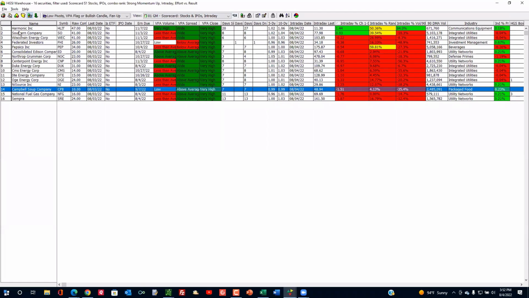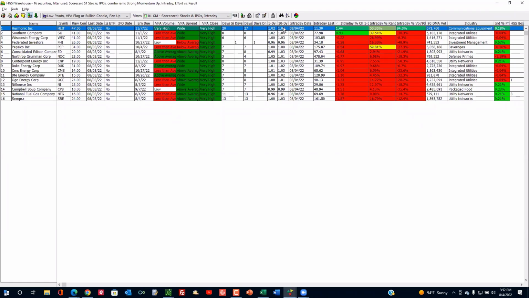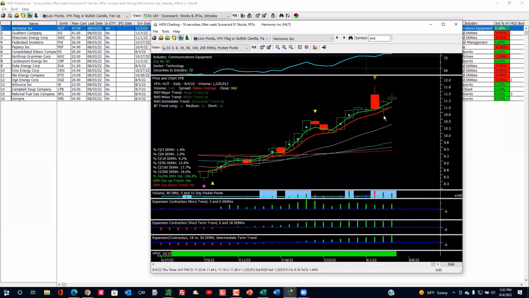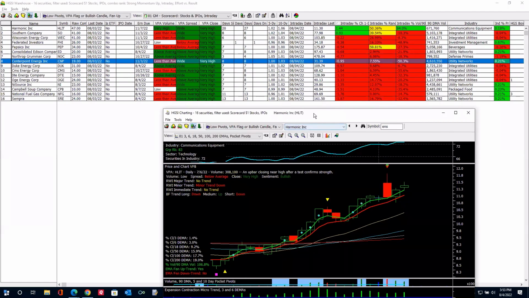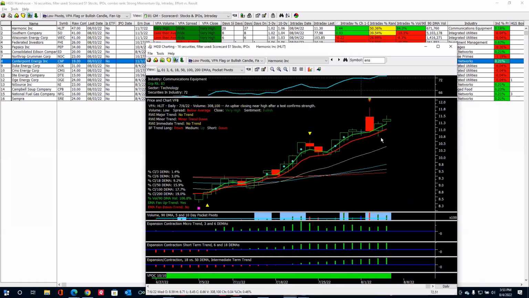These didn't, nothing really worked on these low pivots. It just means this one worked. It just means all these others in red, there was no buying coming in. So the pivot is still a low pivot.